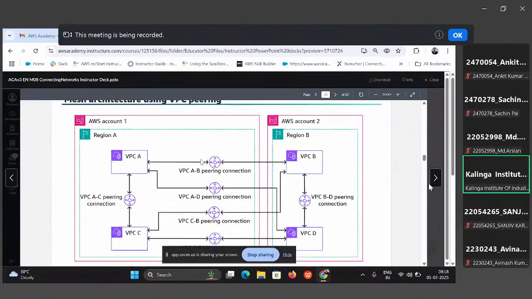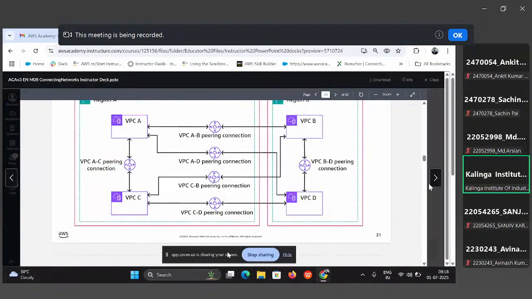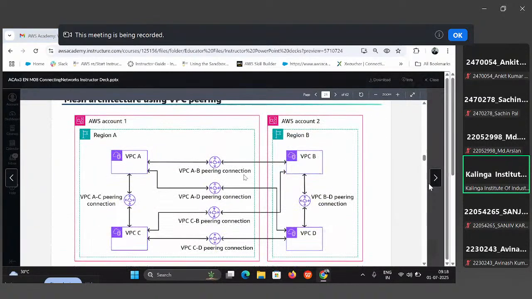Yeah, mesh architecture. Just look at this. This is the mesh architecture where you can see there will be VPCs connected to one another. We have VPC A, B, C, D, and so on, and all the VPCs are connected to one another. Previously, we were connecting through the transit gateway, operating with the central device, right? And there all the VPCs were connected.